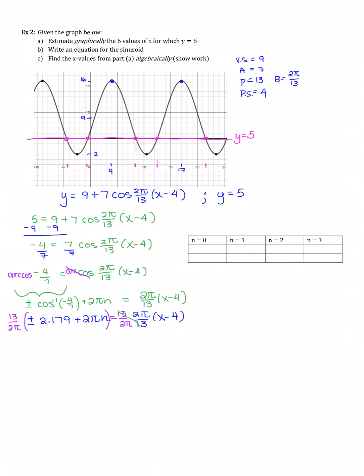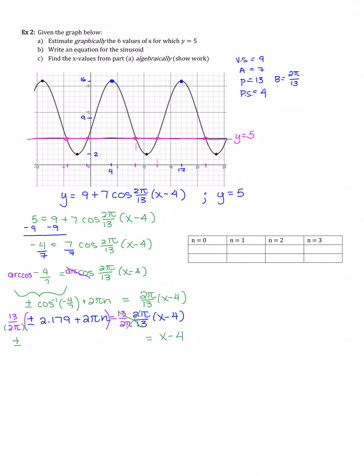So it will cancel over here, so all I have is x minus 4. On this other side, I have plus or minus, so 2.179 times 13 divided by 2 pi. Please, when you do your division, put that 2 pi in parentheses. Otherwise, all you're doing is dividing by 2 and multiplying by pi. So make sure you put that in parentheses.